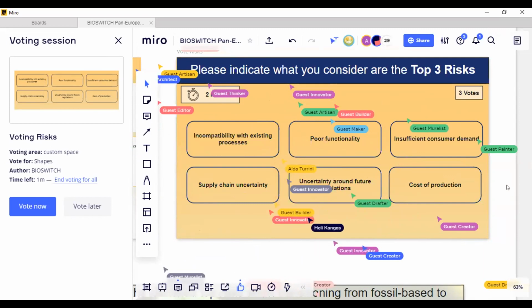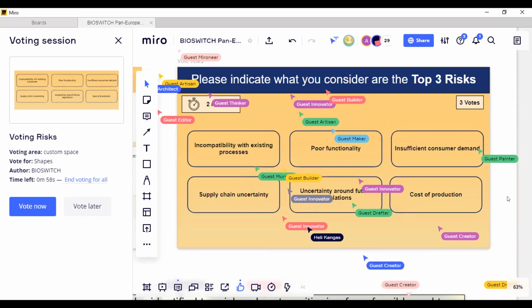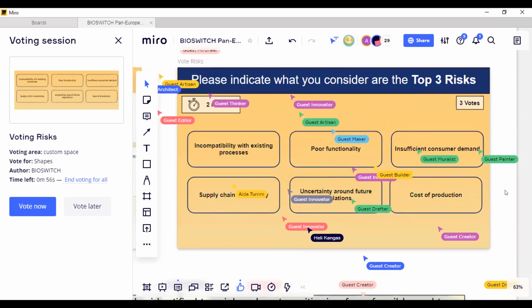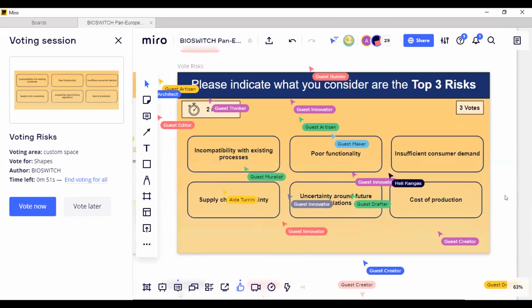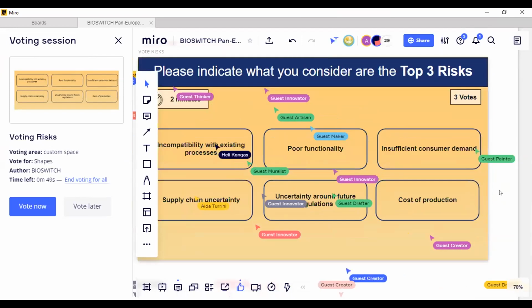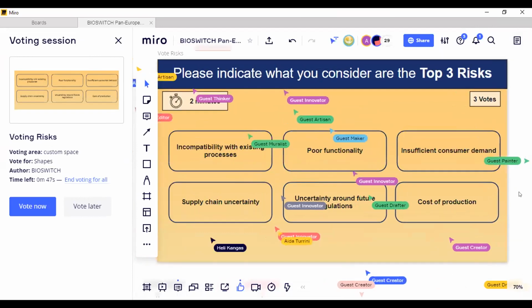Maeve is asking, are people moving from Emily's screen on Zoom to the Miro board? You have to go into Miro through the link that we provided. Emily is just sharing her screen to host the session. I reposted the link that you can access Miro through, so it's in the chat.